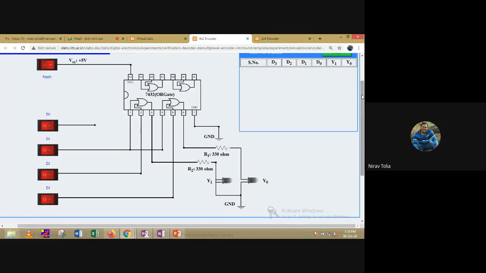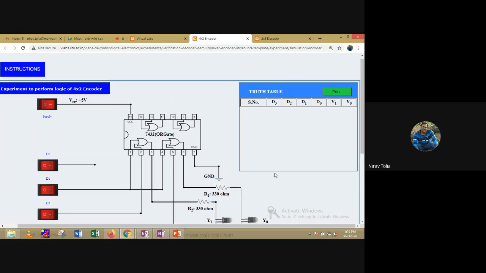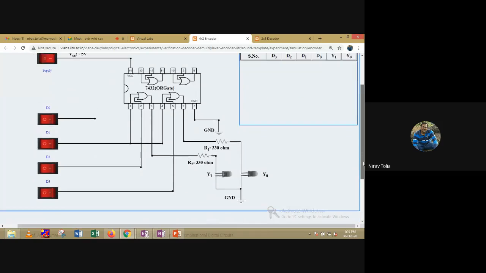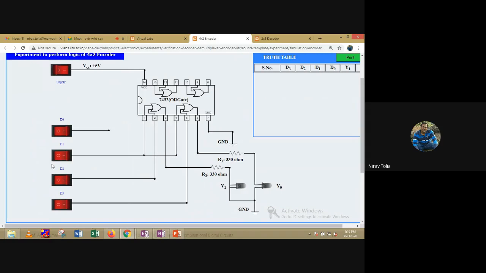So just add it to the table. When your D1 is 1, your output is 0 1. When your D2 is 1, your output is 1 0, and when D3 is on, your output is 1 1.